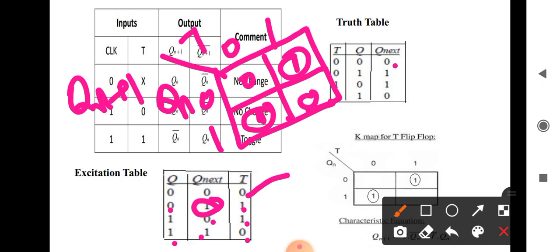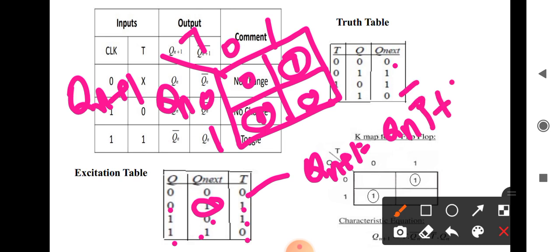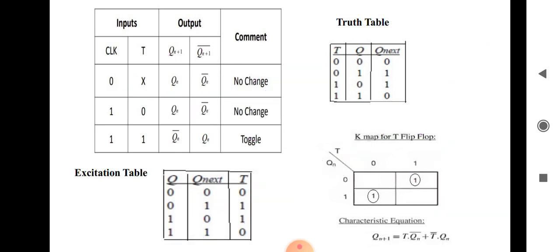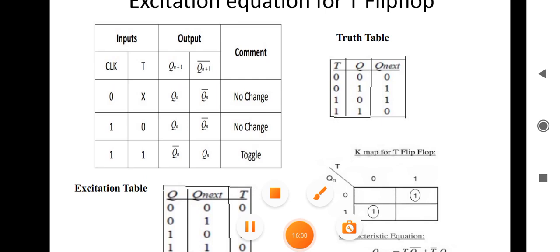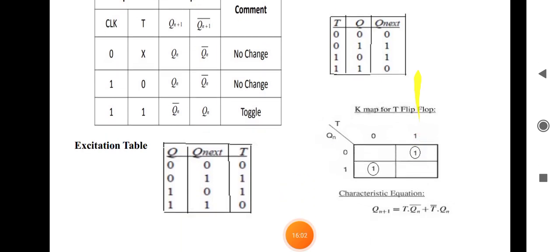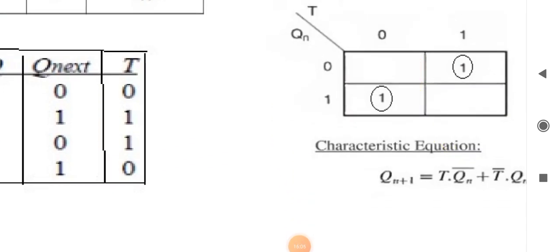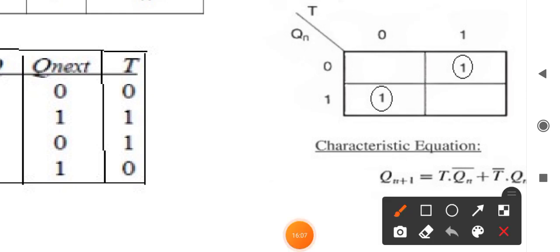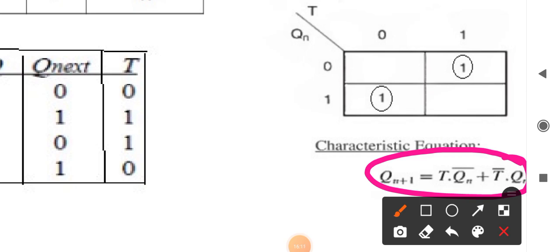So what we get is Qn plus 1 is equal to Qn into T complement plus Qn complement into T.